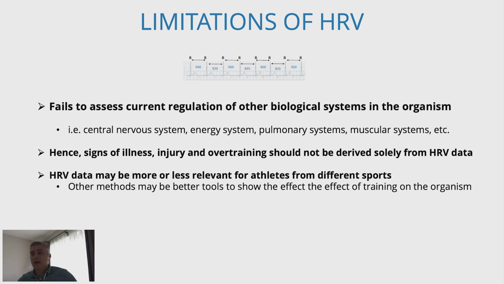So in those cases, the other methods can be utilized to see the effect of training on the neuromuscular system, let's say, not on the cardiac system, right? Because the primary stressor that we achieve through explosive training is not necessarily on the autonomic system, unless training is selected improperly, but rather on the neuromuscular system.